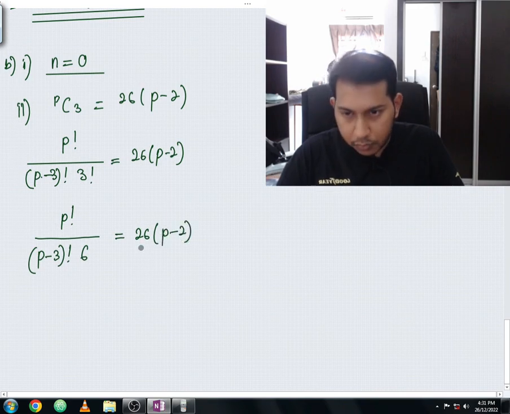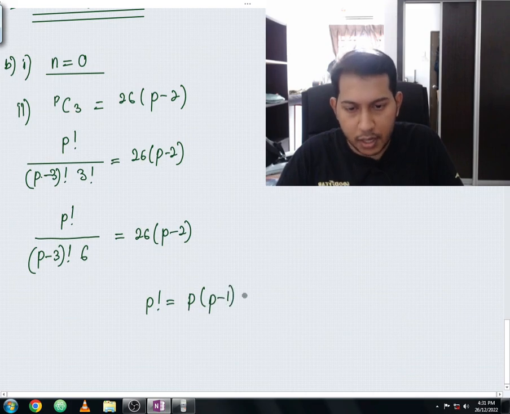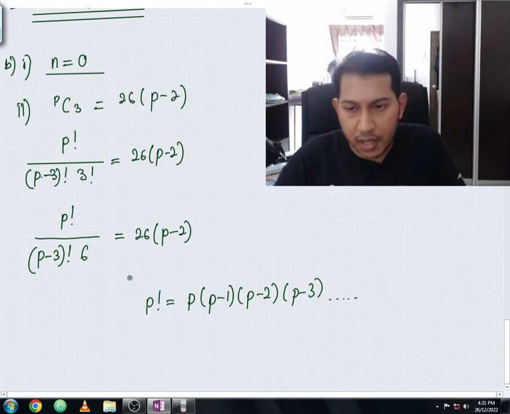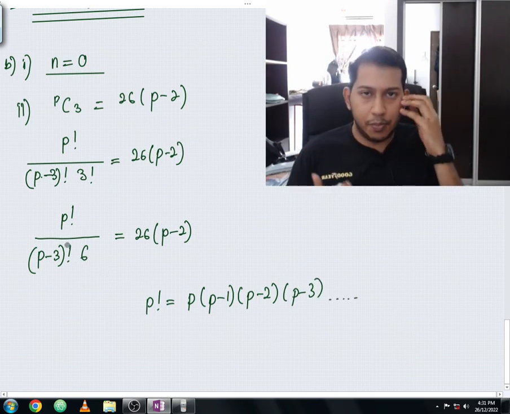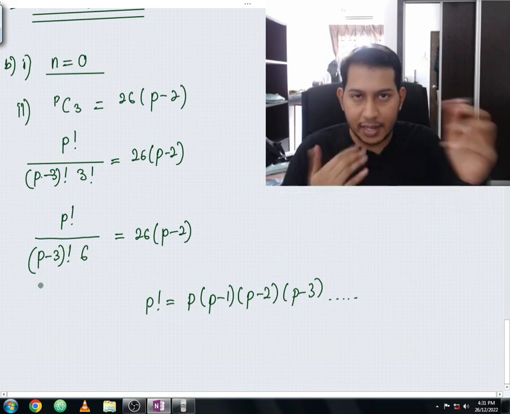Okay, so this p factorial we can break into an expression, where in this case we can have p times (p - 1), and then (p - 2), and then (p - 3), and so on and so on. So at a certain point of arrangement, I mean our equation, we can do some cancellation from here.